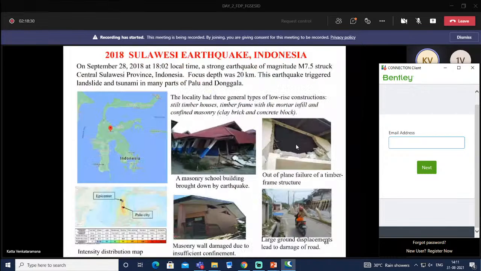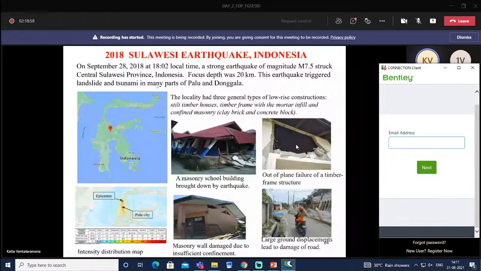Nepal earthquake, magnitude 7.8. Then this is the Indonesia earthquake, the 2018 Sulawesi earthquake in Indonesia. On September 28, at 18:02 local time, a strong earthquake of magnitude 7.5 struck the central Sulawesi province in Indonesia.